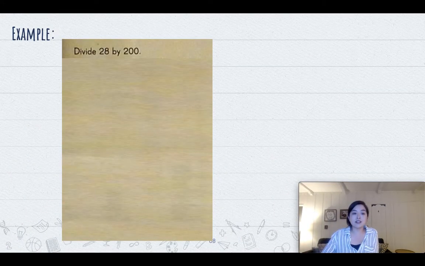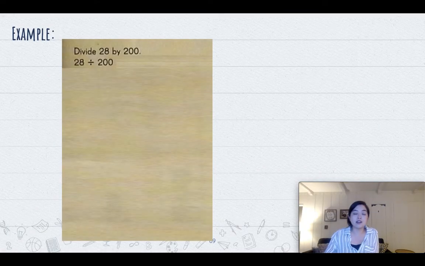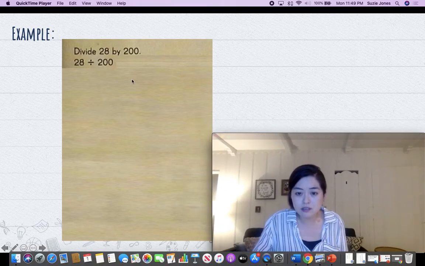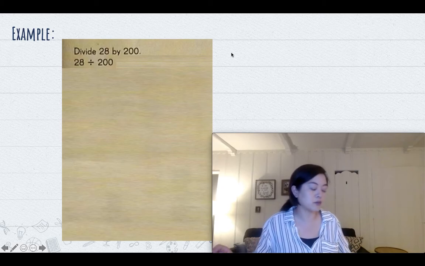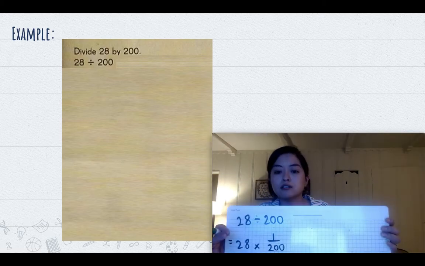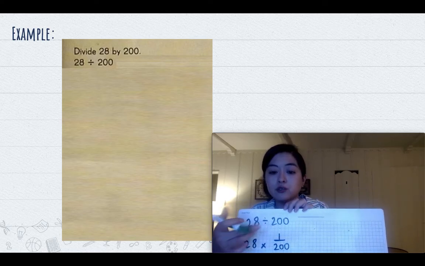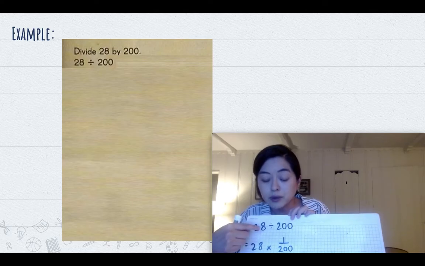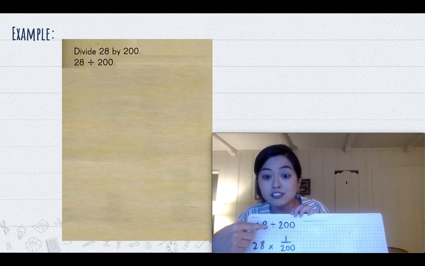If we're going to divide 28 by 200, we get this division sentence, 28 divided by 200. I'm just going to make my video screen a little bit bigger so you can see what I wrote. But remember, when I want to divide a number by another number, I can change it to a multiplication sentence.